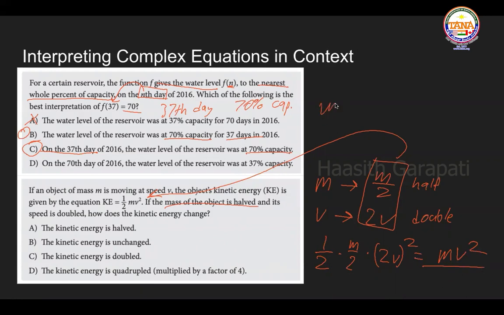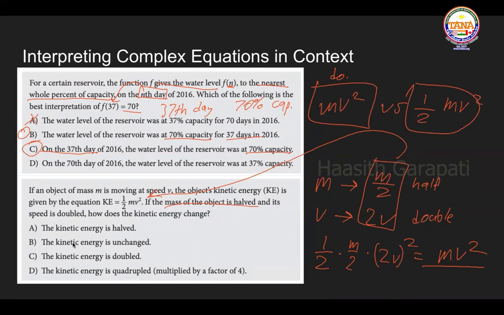And mv squared is exactly double that of half mv squared. So if you halve the mass and double the speed, your final answer is going to come out to double the answer of the original.